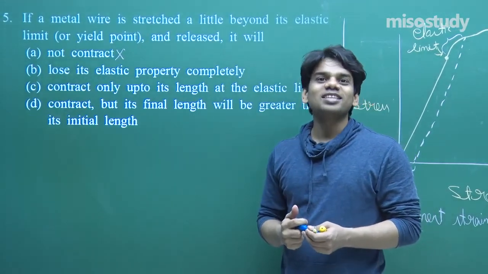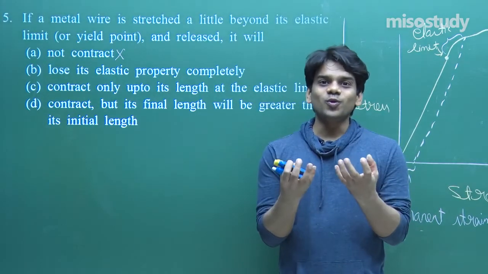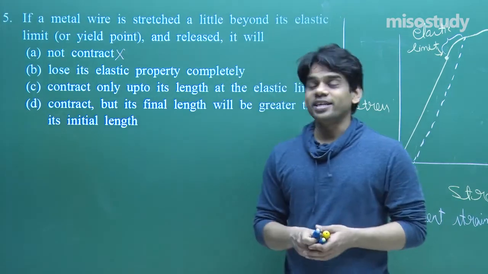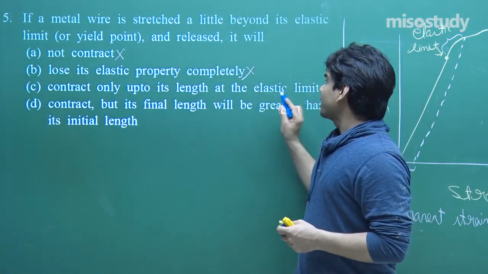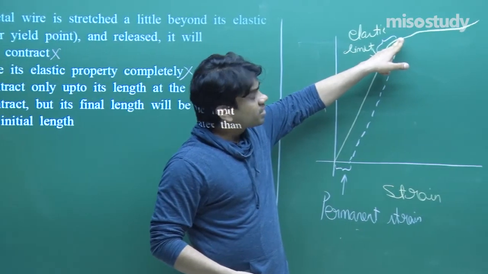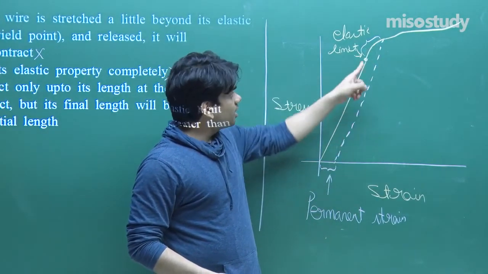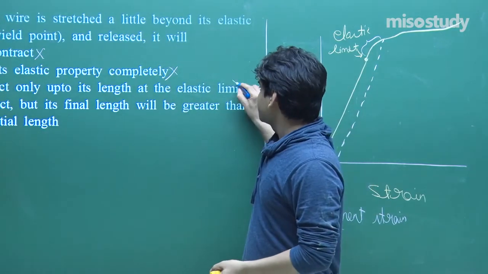No, it's not losing its elastic property completely, because it's still trying to regain its original shape and size. The resilience property is still maintained. Contract only up to its length at the elastic limit? We see that if the stress is removed, it's going to reach here, permanent strain is there. It's not only going to contract till this end. So C will be incorrect.